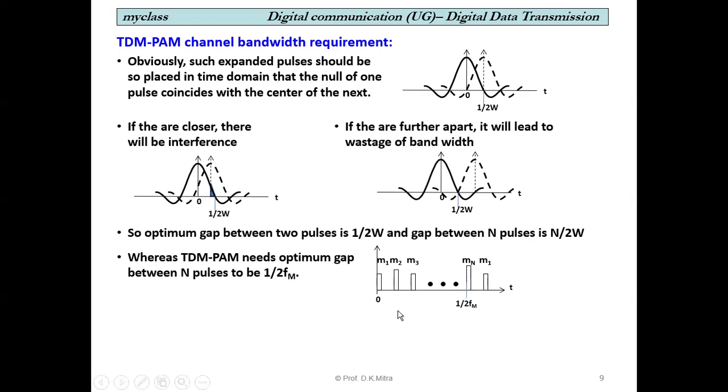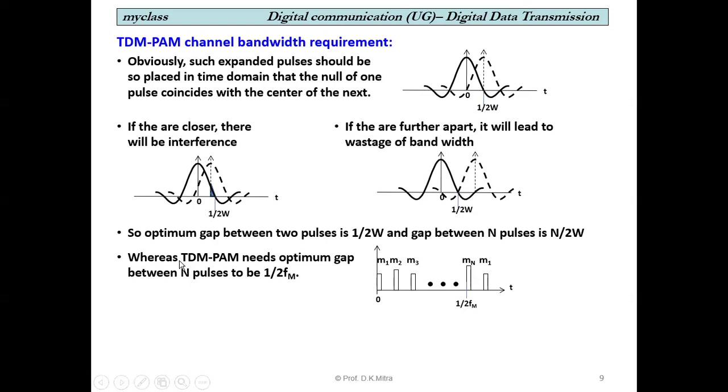That means, this is in the time domain. This is the first pulse of the first signal M1, and then the second signal, third signal, like that, the nth signal, and again this is the first signal, right?